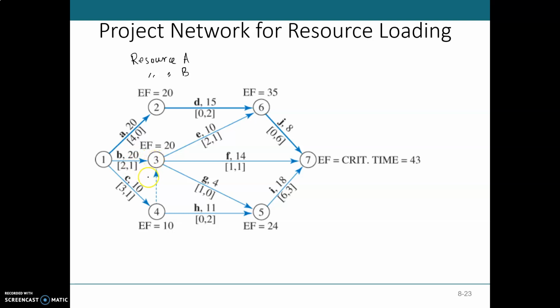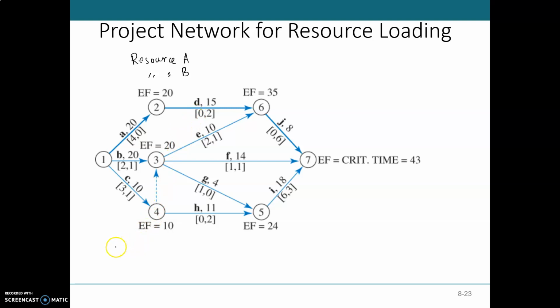And so this type of diagram can then be shown for resource loading. We can show the resource loading in such a way that we can modify this diagram. For example, we can see that A, D and J is the critical path.